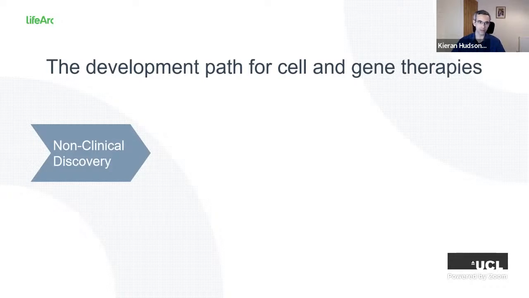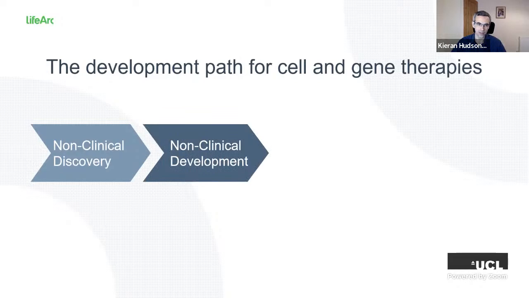So we've broken it down into 4 different categories of activity. The earliest that will begin typically is non-clinical discovery. This is initial proof of concept and validation work. What is being discovered is your new potential therapeutic product. The second stage, which builds off this once you have a candidate product, is non-clinical development.